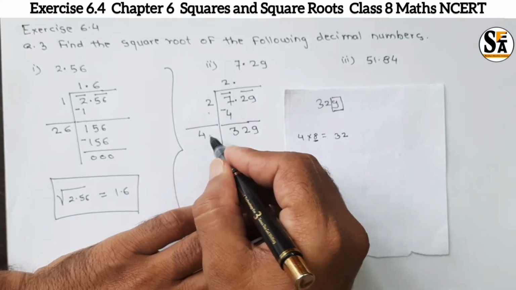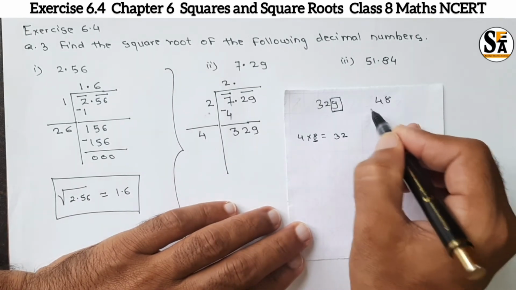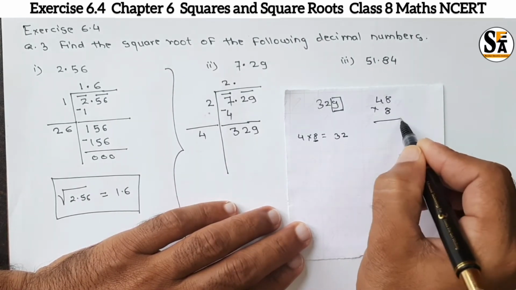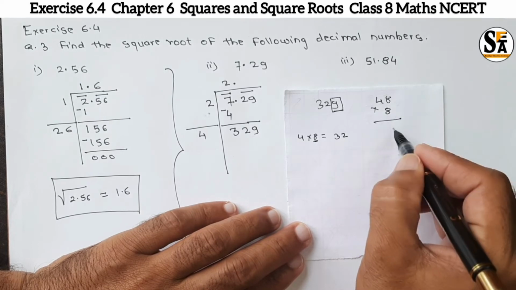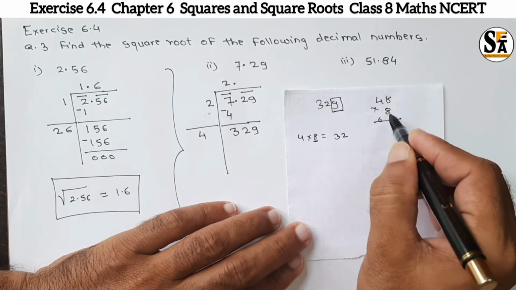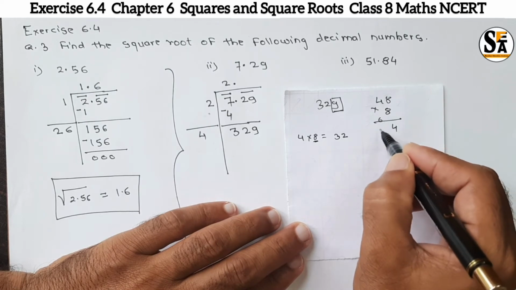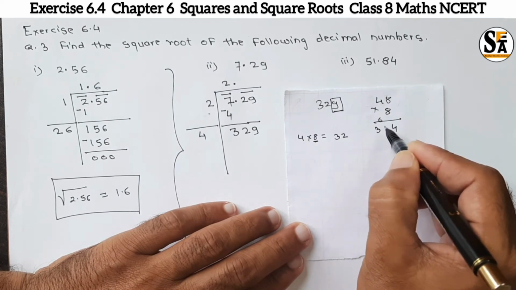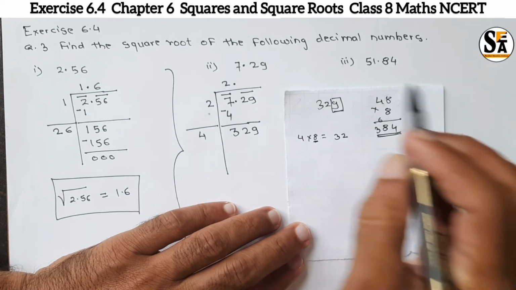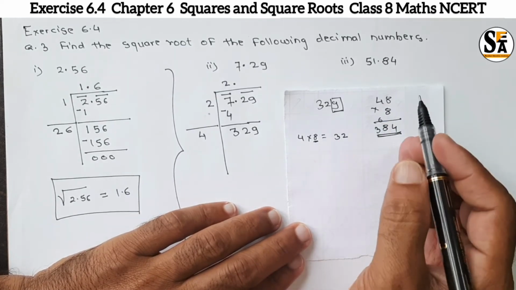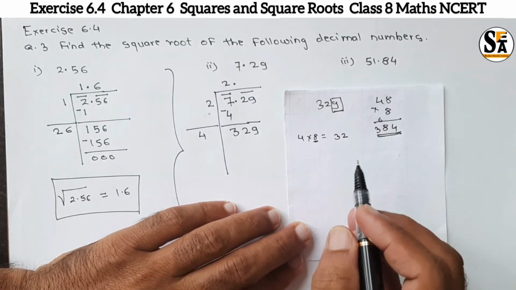Put 8 after this, that is 48, and multiply it with 8. What will we get? 8 eights are 64, 8 fours are 32, 32 plus 6 is 38. We are getting 384, which is greater than 329. So we must go to a lower number.